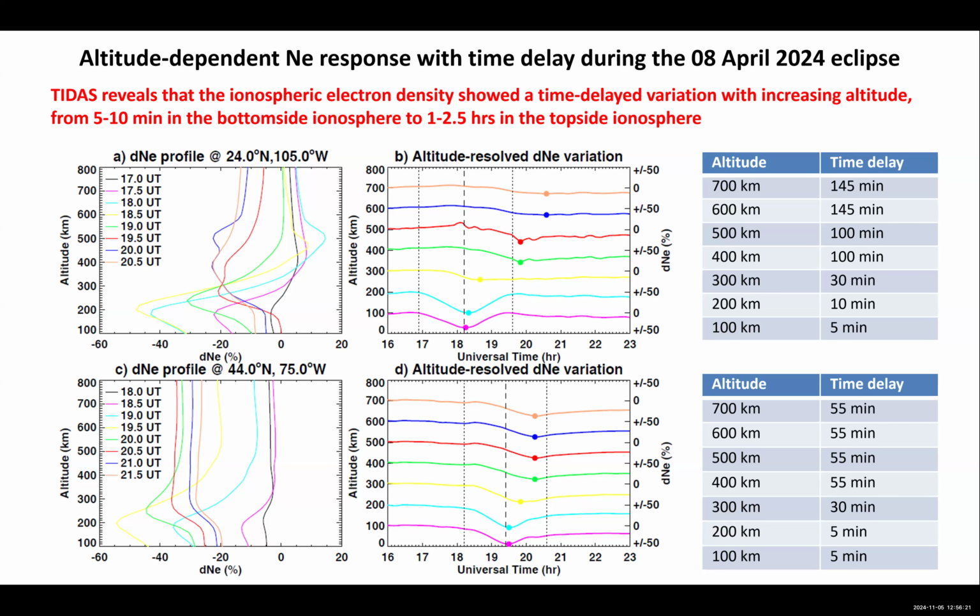So after we ingest the data, it really generated this large difference between the bottom side and top side ionosphere. So the data really play a big role in creating these different results. Okay, thank you. Good.